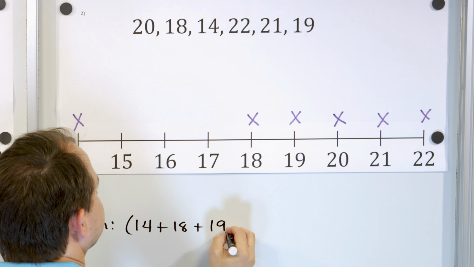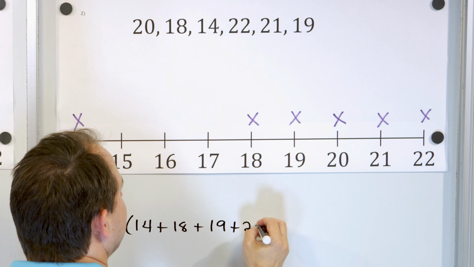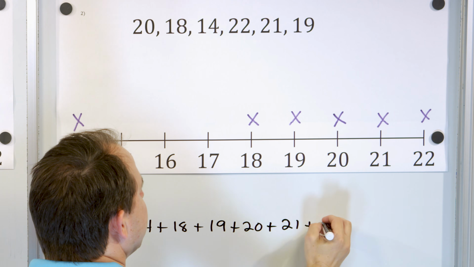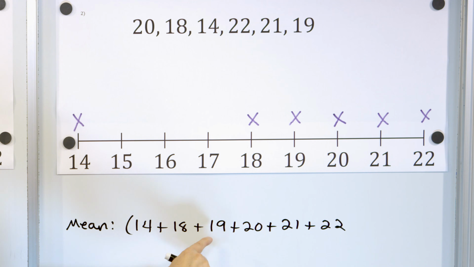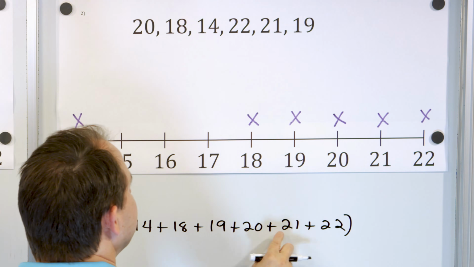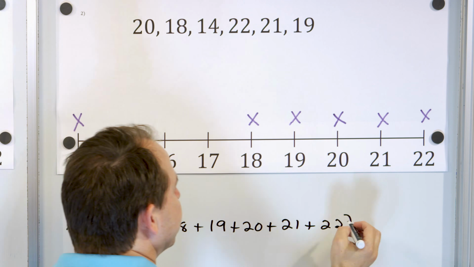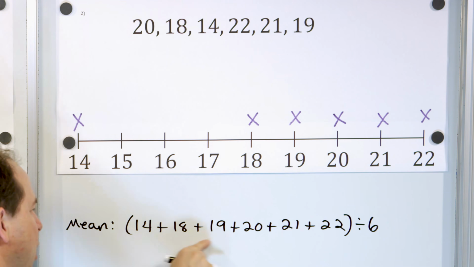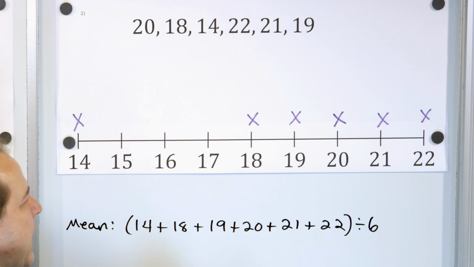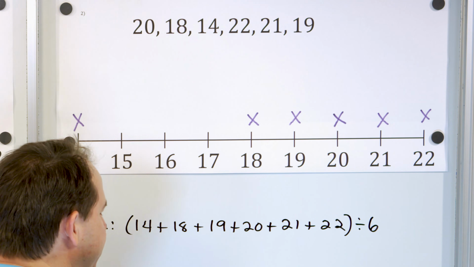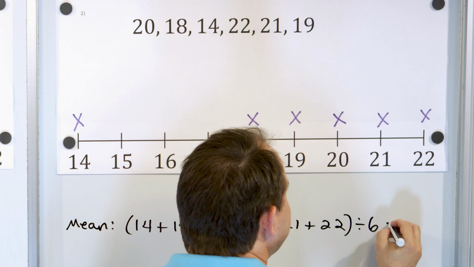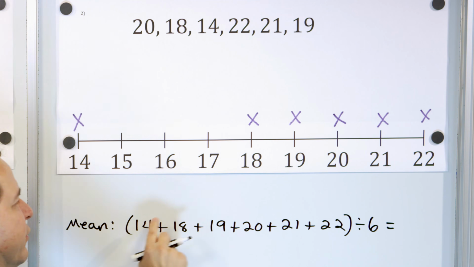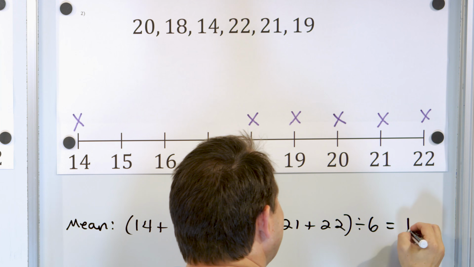Then we have 19, then 20, then 21, then 22. So 14, 18, 19, 20, 21, 22. 1, 2, 3, 4, 5, 6 data points. We add them all up first, then we divide by 6. And you're going to get 114 divided by 6. All this comes out to 114, you divide that by 6, you're going to get 19.